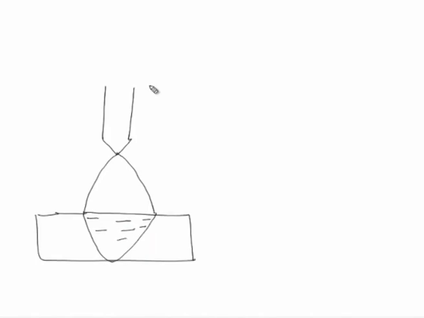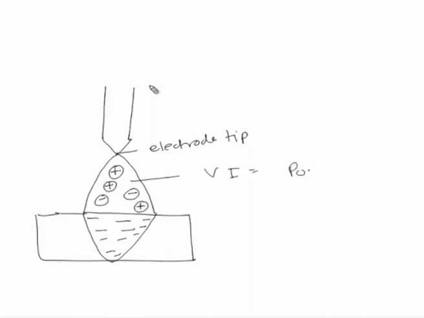This is the molten weld pool, and this is the arc zone having the charged particles. This is the electrode tip, and the heat is generated, given by VI, that is the power of the arc.